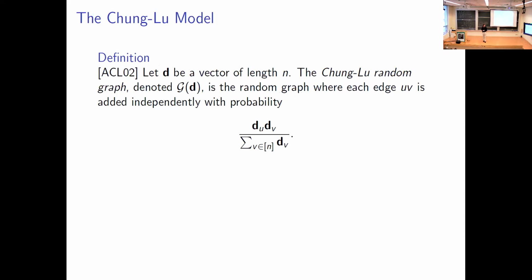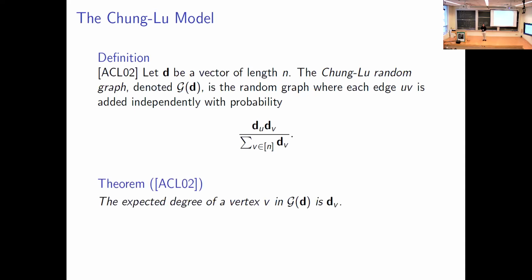And I'll say that a Chung-Lu random graph, denoted by script G of d, is going to be a random graph where I add each edge uv independently with probability given by d sub u, d sub v, normalized so that all these numbers add up to 1. Important point, all the edges are independent of each other.